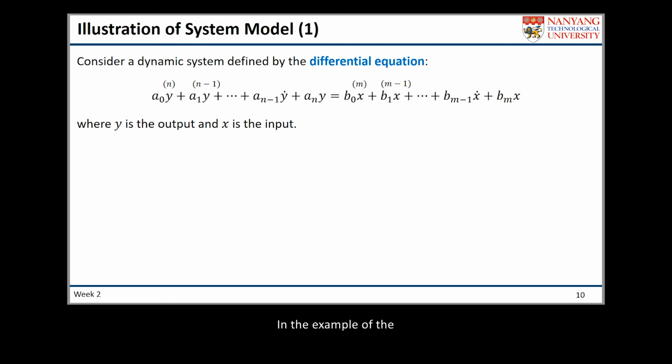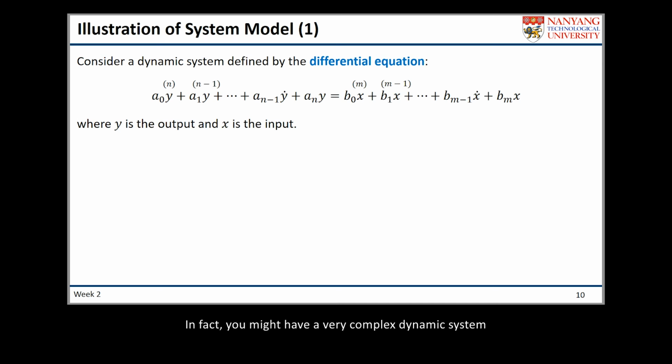In the example of the thermometer that we just discussed before, if you go back to that slide, you can see that the differential equation that represents the thermometer involves the input q_i, the output q_o, and the first derivative of the output, q_o dot. But that is considered to be a simple model of a dynamic system.